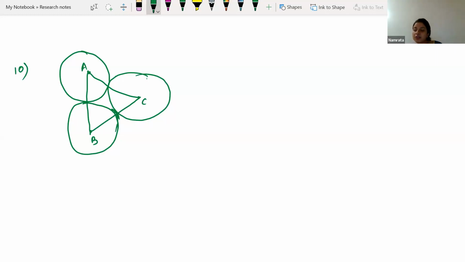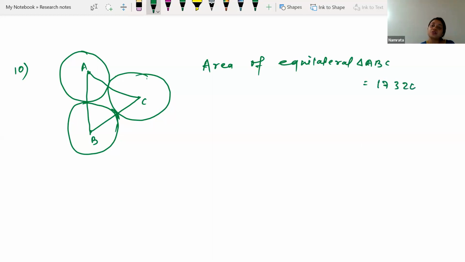It says the area of equilateral triangle ABC is given as 17320.5 centimeter square. With each vertex of the triangle as a center, a circle is drawn with radius equal to half the length of the side of the triangle.